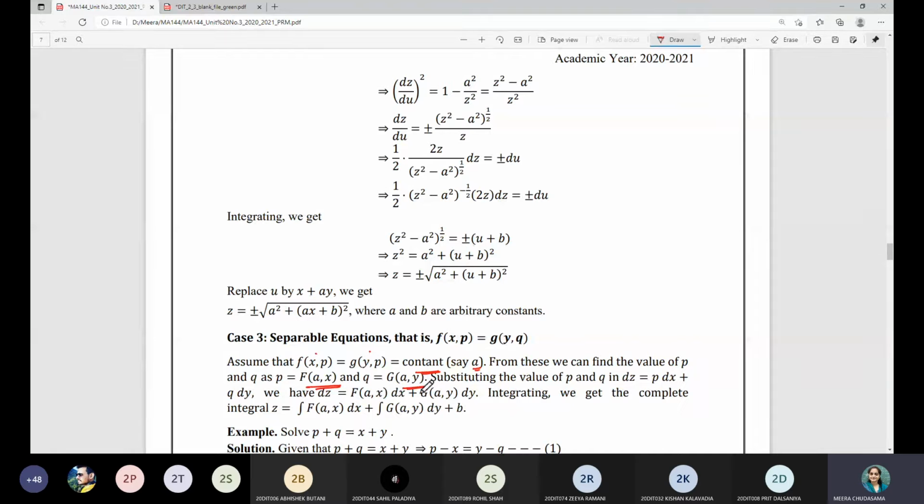We have denoted them with capital F and capital G. Then substitute these values in dz equal to p dx plus q dy. You will have this expression, and integrating you will get the complete integral z equal to this, where this is the constant of integration. So are you clear about the entire procedure of case 3? Please raise your hand.